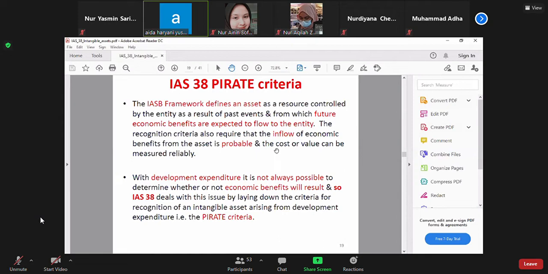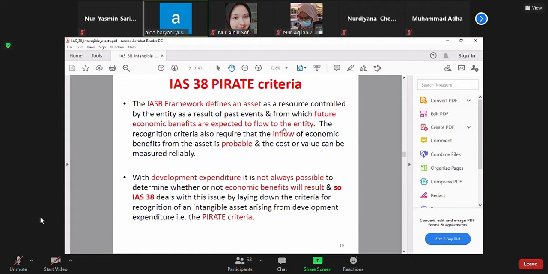Okay, what does it mean by criteria ni? Okay, we go back to the definition of IASB punya framework about asset. Asset ni dia control by entity as a result of past event and from which future economic benefits are expected to flow to the entity. Like I mentioned, the reason of their control or their purchase, they acquire that asset, it is because they expected something in return from the asset.